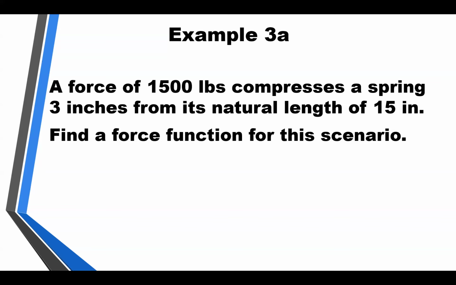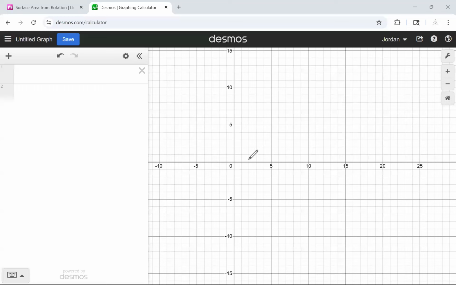Let's find a force function for this scenario. Now, I like to draw things, and orientation is kind of important. So when I'm compressing a spring that's 15 inches long, I'm going to think of it as starting at the origin.